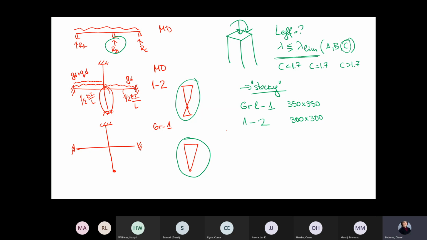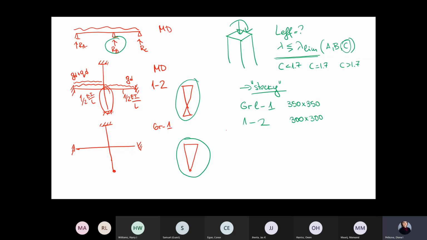The problem with slender columns is that you have to determine some additional moments, and that requires several calculations, several iterations. So it's a little bit more time consuming. So by changing the dimensions of the column, technically you can avoid having a slender element.